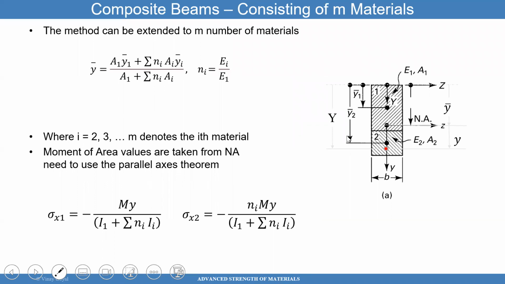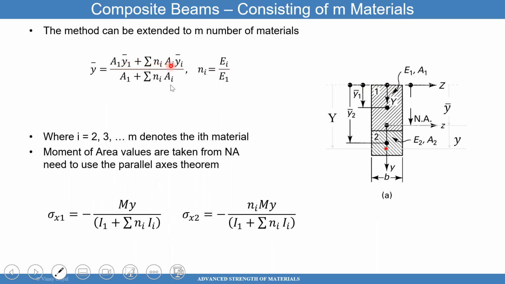If you were to have more than 2 materials, you can use the same method. But now you're going to have to define, for more than one material, n for material i as the modulus of material i divided by the modulus 1. And then you'll find the centroid of the composite cross-section as this formula here, where Y1 is the centroid location with respect to the top surface of material 1.